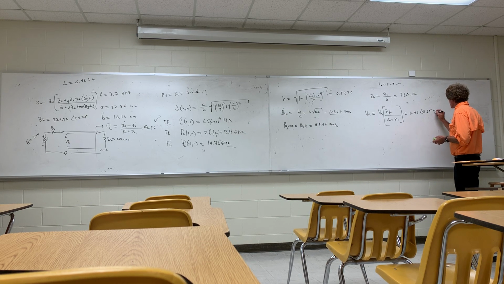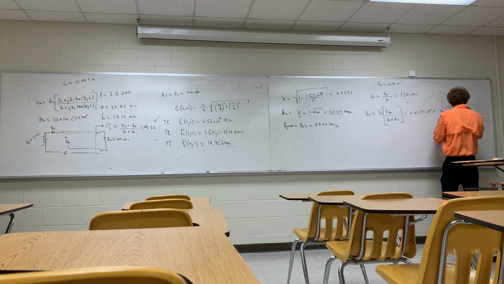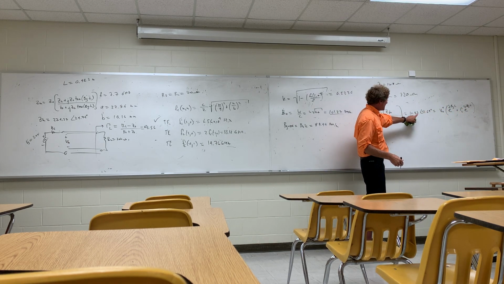After that, you have to set that equal to V0 plus times e to the plus J beta in the guide times L, plus the reflection coefficient at the load times e to the minus J beta in the guide times L. And so to get V0 plus, you're going to have to divide this by those two complex quantities.